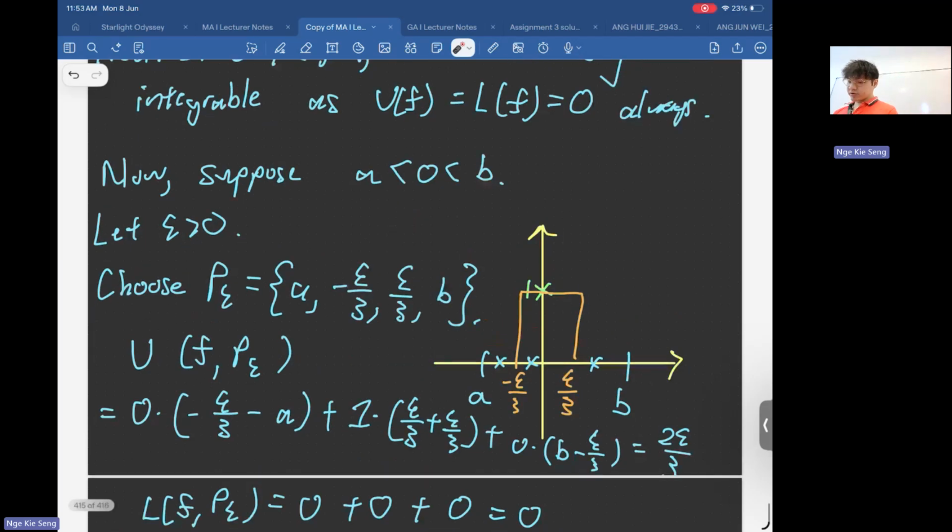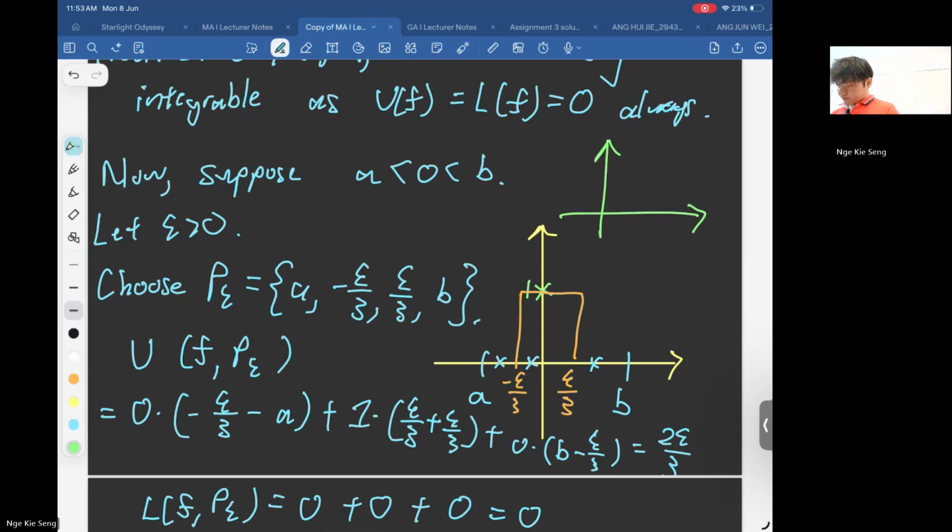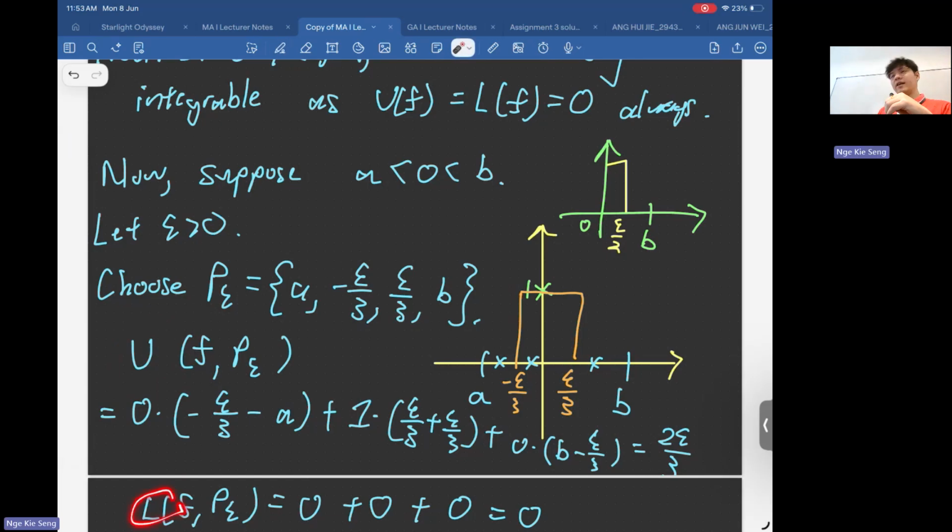Let me draw you the picture. Just start from 0 to some B, then your partition should look something like this. You can see that when epsilon gets very small, this partition will get very close to 0. Once you fix this partition, U and L are already fixed.